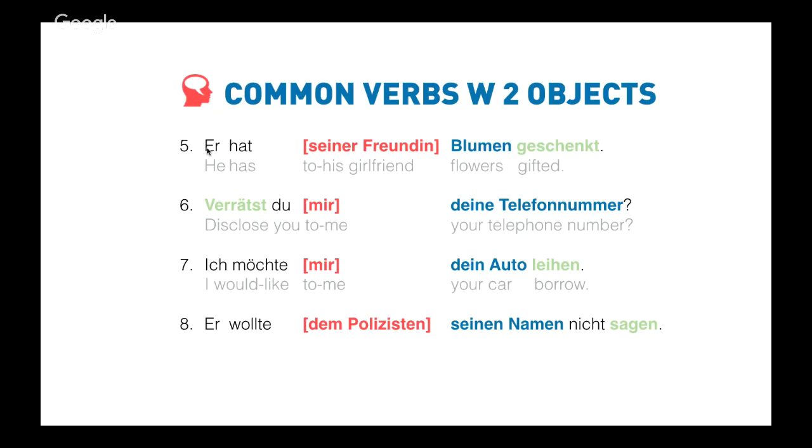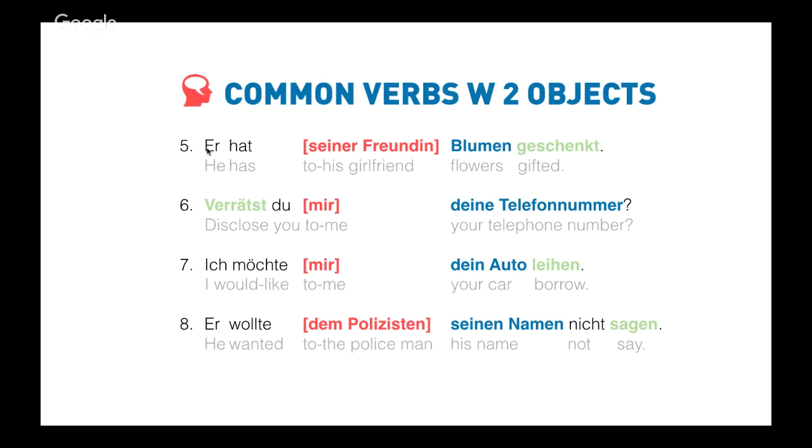And one last example, number 8, Nummer 8. Wollte dem Polizisten seinen Namen nicht sagen. Once again, you have two verbs here, wollte, wanted, and sagen, to say. Sagen is the one that allows us to use two objects.